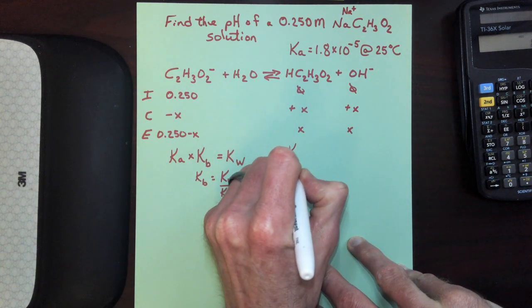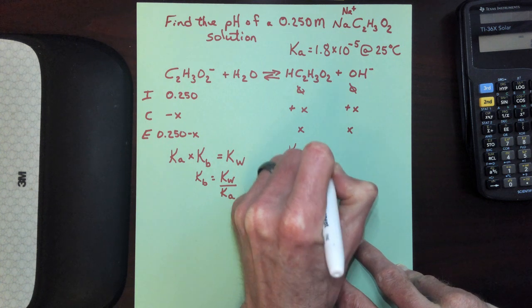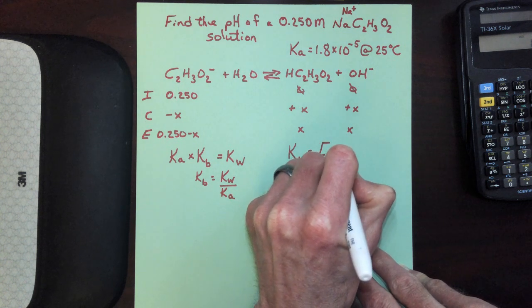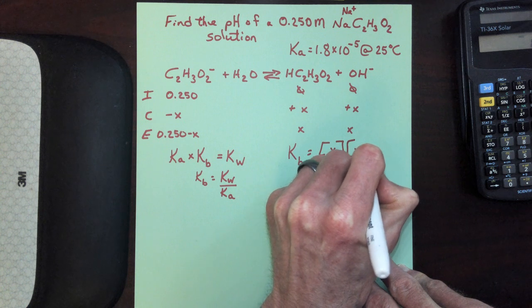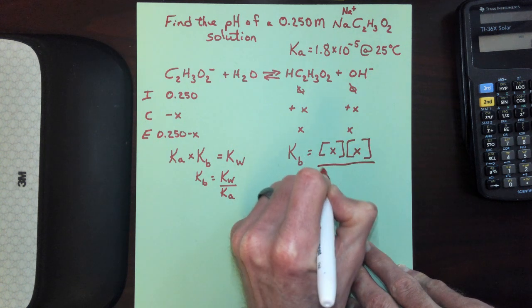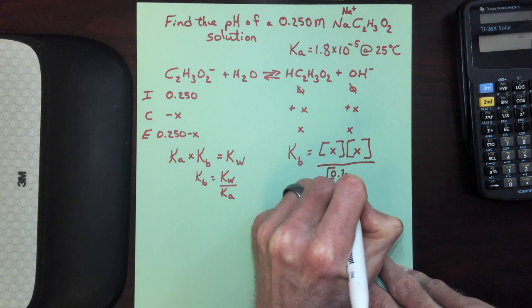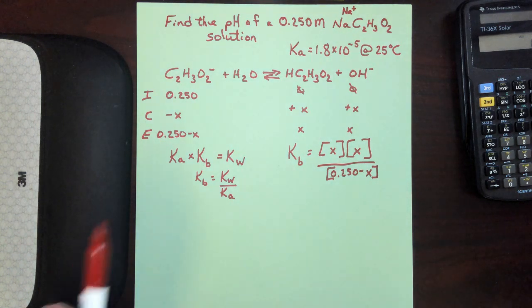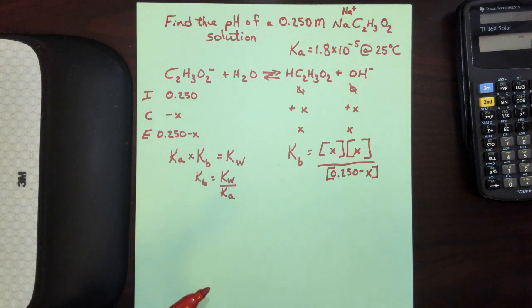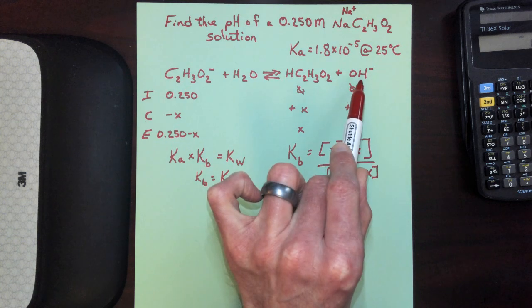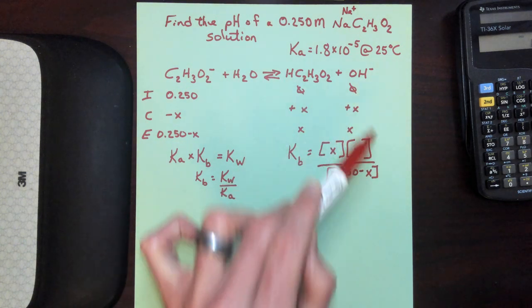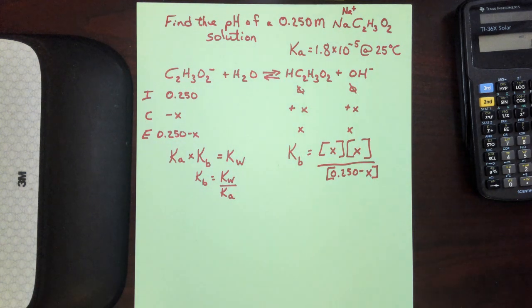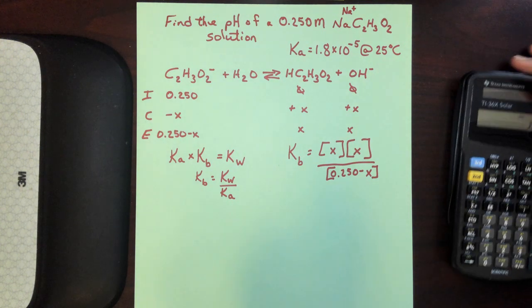So our Kb expression here is x squared over 0.250 minus x. Now, I am focusing on a Kb rather than a Ka because of the OH- ions here. This is going to be working as a base. So I'm going to focus in on Kb.